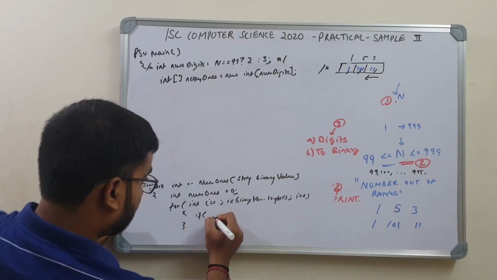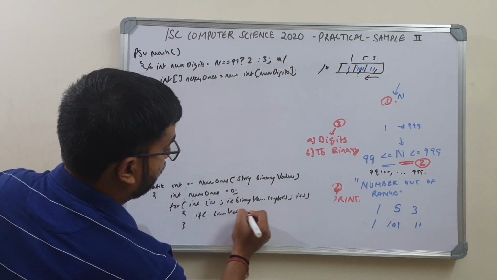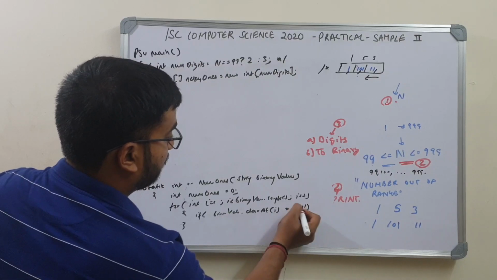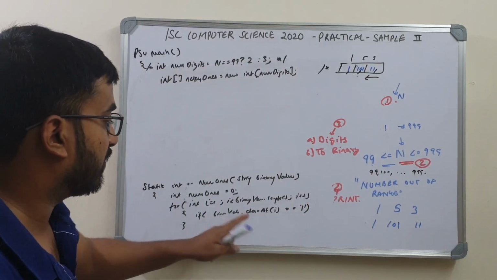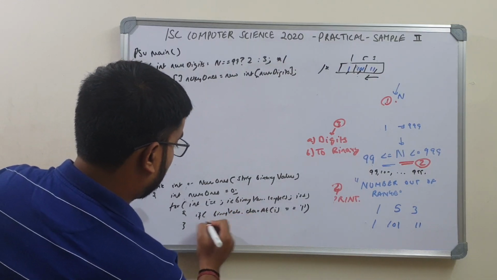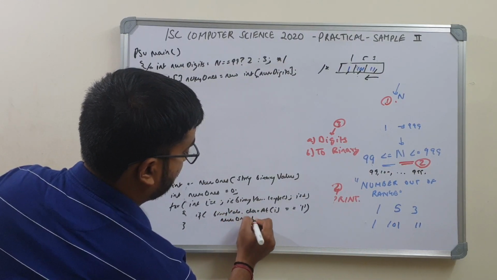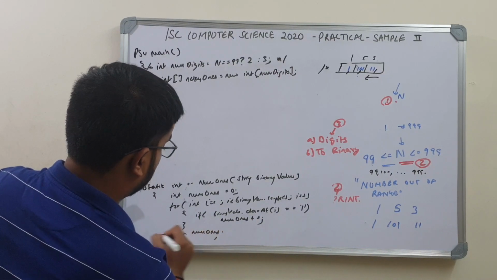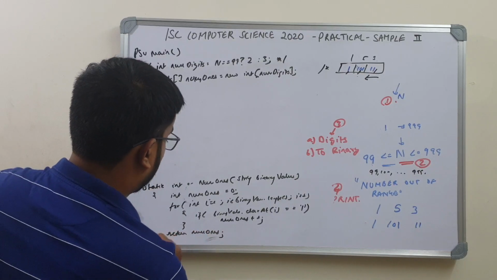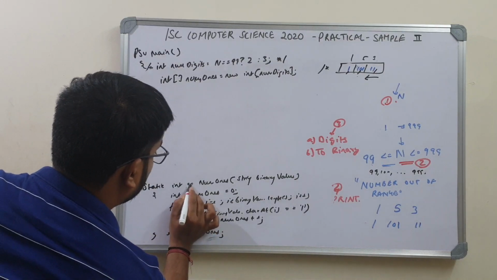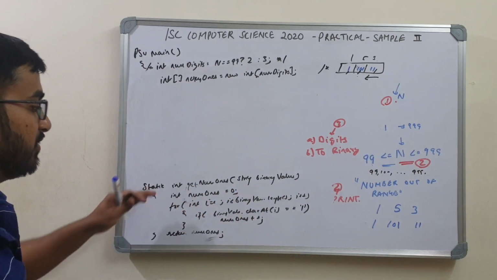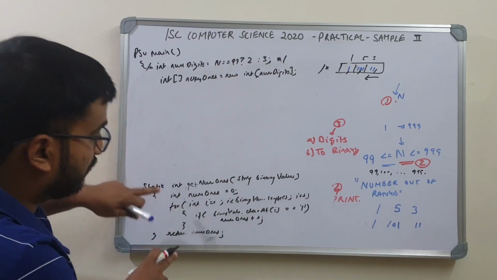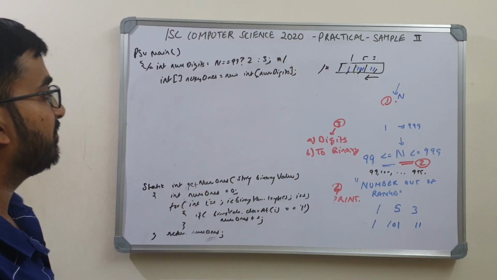So if binary value dot charAt position i is equal to the character constant 1, since you get a character when you do charAt, then I say num ones plus plus, and finally return num ones. This will give us the number of ones for the corresponding binary value. If you want to verify this part, just go to the end of this video where I have written this code, if this is not clear.